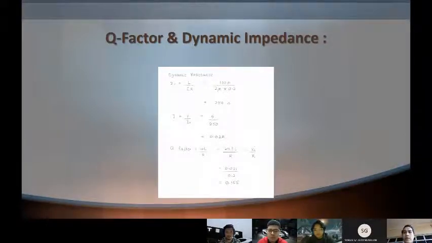We substitute the value, and the answer is 0.02 ampere. Then we can find the Q factor, where the formula is omega L over R, and the answer for the Q factor is 0.155.